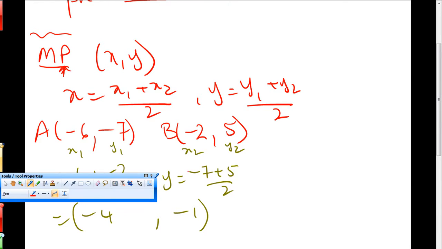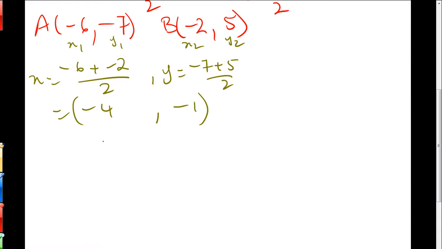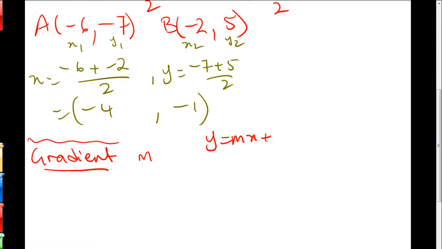Okay. Let's go with gradient now. Gradient is represented usually by the letter m, so if you see that, as you saw through y equals mx plus b, that equation is trying to tell us m is the gradient, but for now we've just got the gradient m, and that equals rise over run.